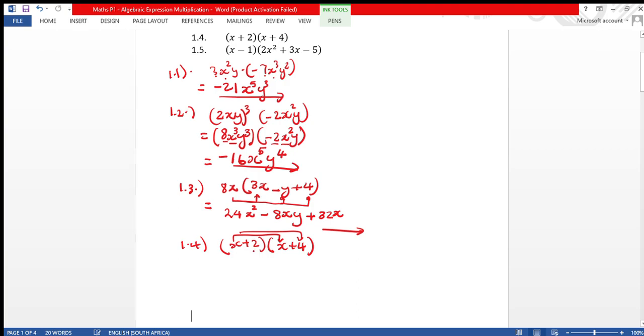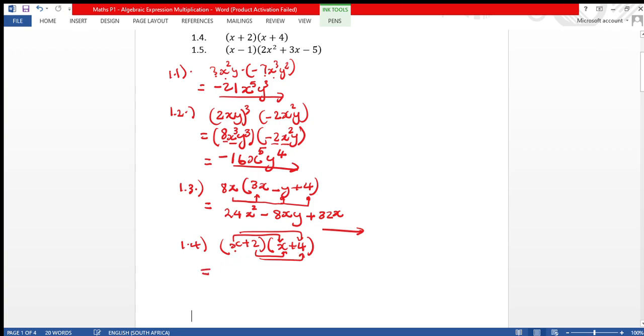Then the third one would be 2 times x, and then you're going to have 2 times 4.